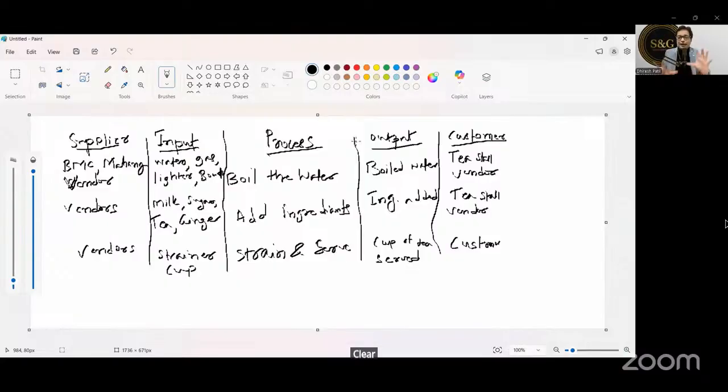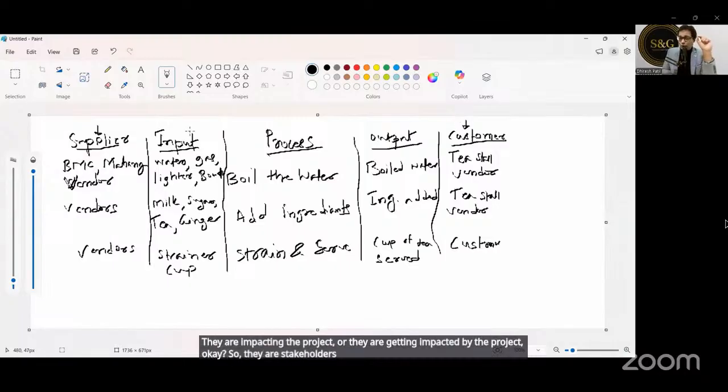So SIPOC gives us very important detail about the project boundary and who the major stakeholders of the project are. Suppliers and customers are important stakeholders. They are impacting the project or are getting impacted by the project. So they are stakeholders.